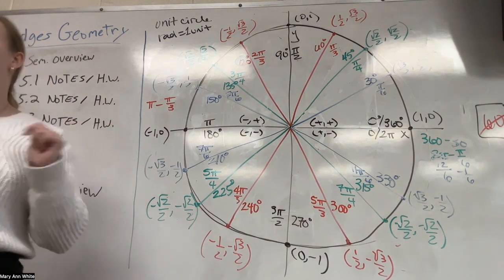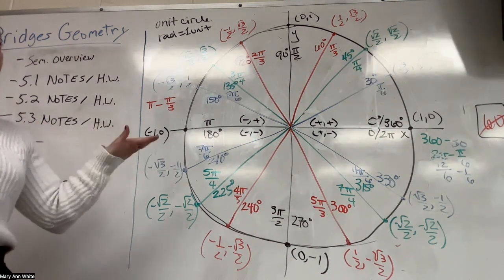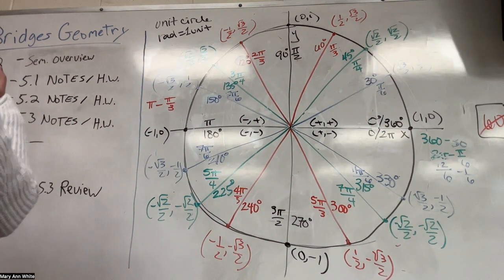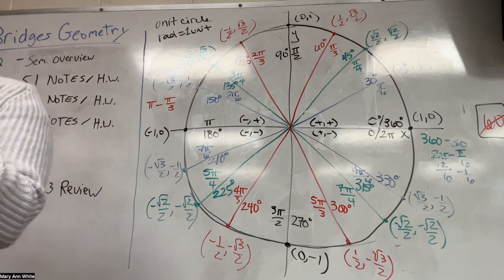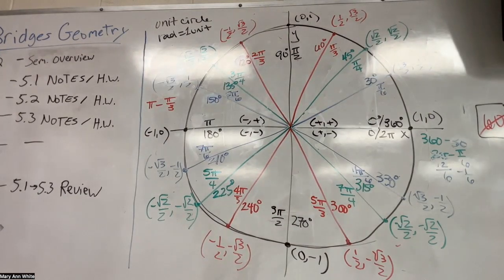Now I'm going to tell you why we did this and why this is helpful. Okay. So every single line should have degree, radian, and then an ordered pair. Degree, radian, ordered pair. Okay.